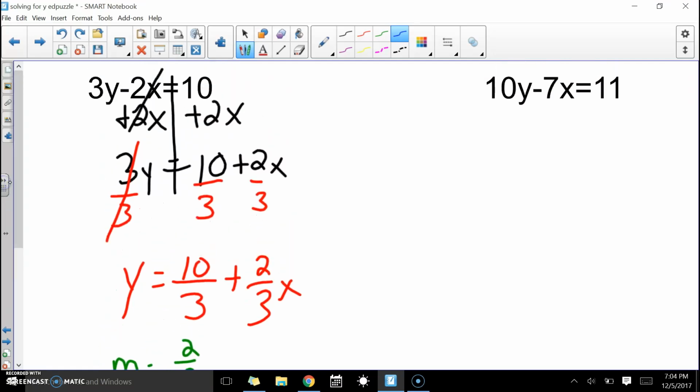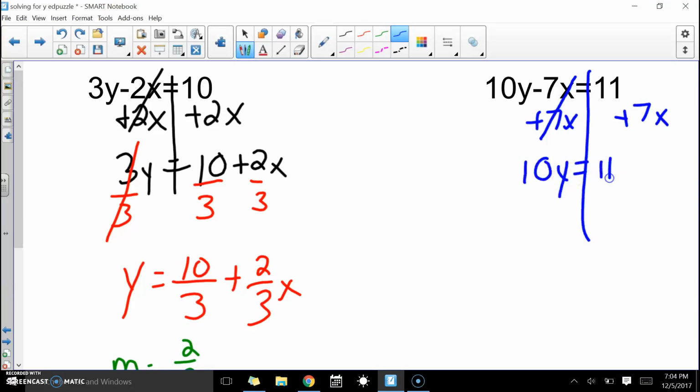So now you try this problem. Okay, I'm going to add 7x, cancels out. Then I'm left with 10y equals 11 plus 7x. I'm now going to divide each term by 10.